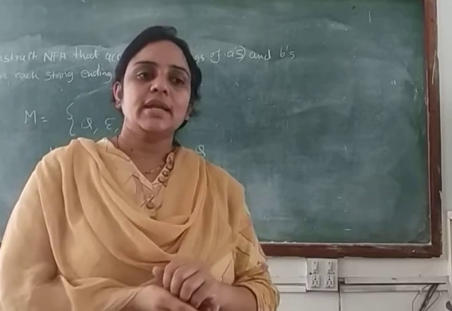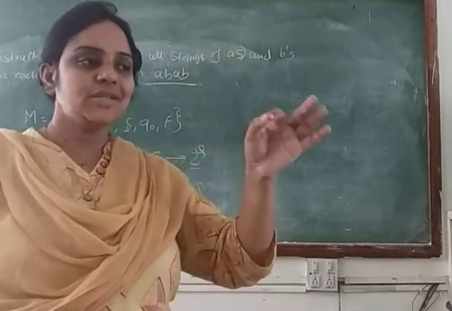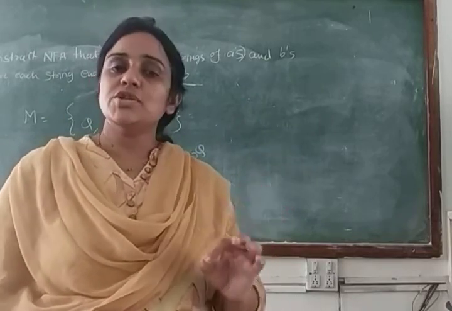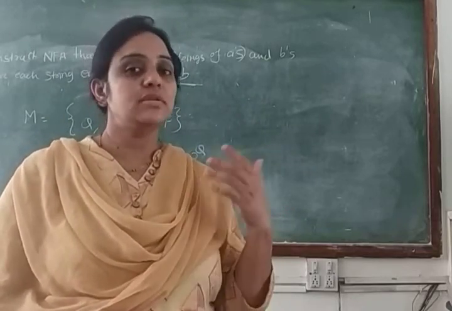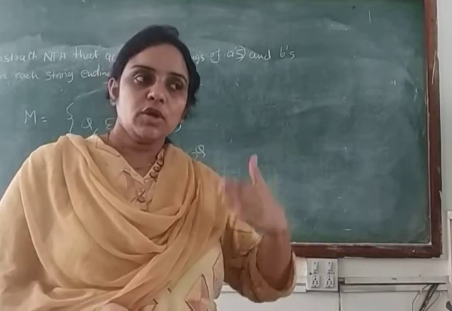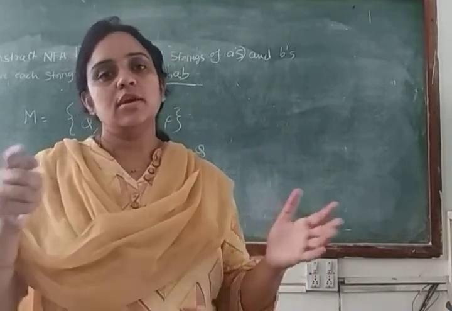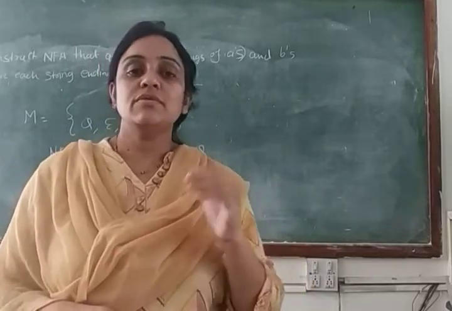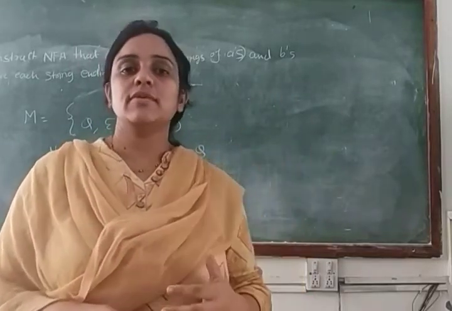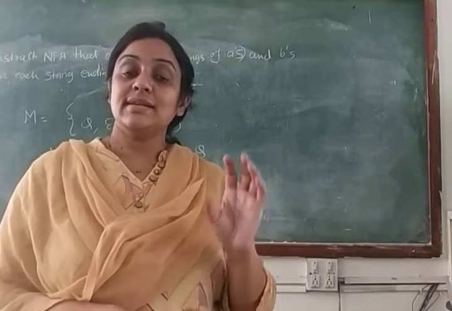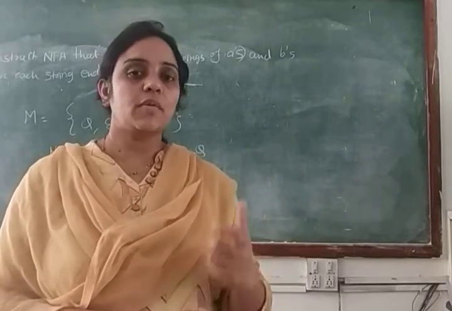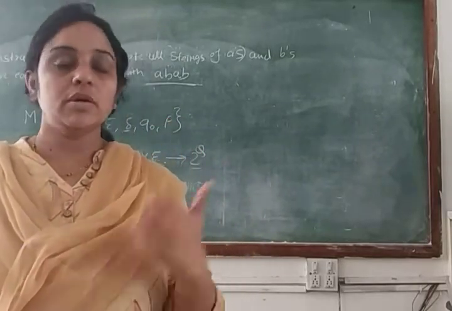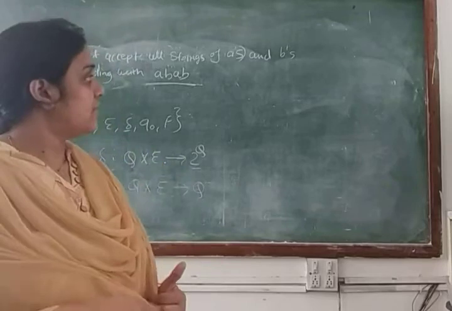You have to check whether each state has a transition for every input symbol or not. If a state doesn't have a transition for every input symbol, then this is not your DFA machine. Or when you make transitions, your condition can be violated for the language, meaning sometimes the machine will accept a string which is not part of the language. This type of problem occurs in a DFA, but you will not get it in an NFA. That's why NFA is simple.